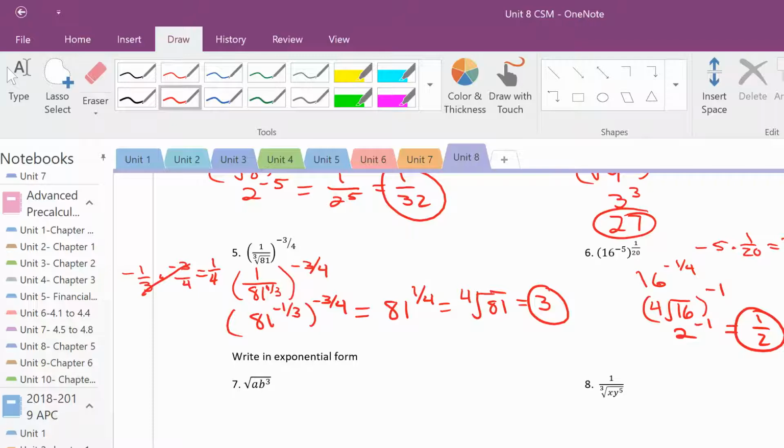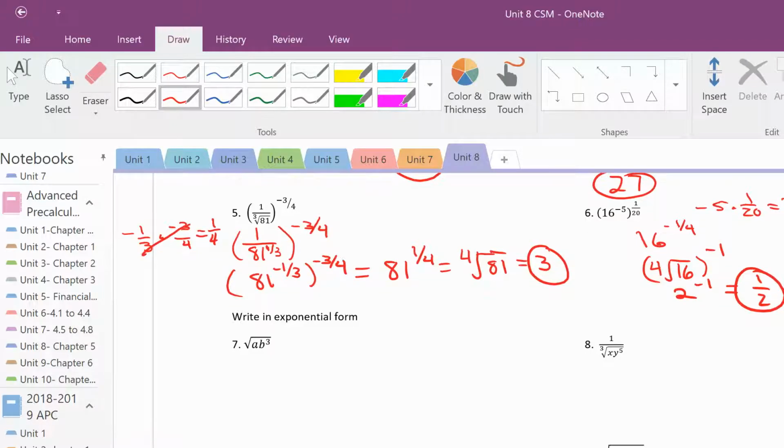So next we have these ones with variables. So this is a b to the third to the 1/2 power, because whenever you take the square root, it's to the 1/2 power. So then it's going to be a to the 1/2, b to the 3/2. Final answer.